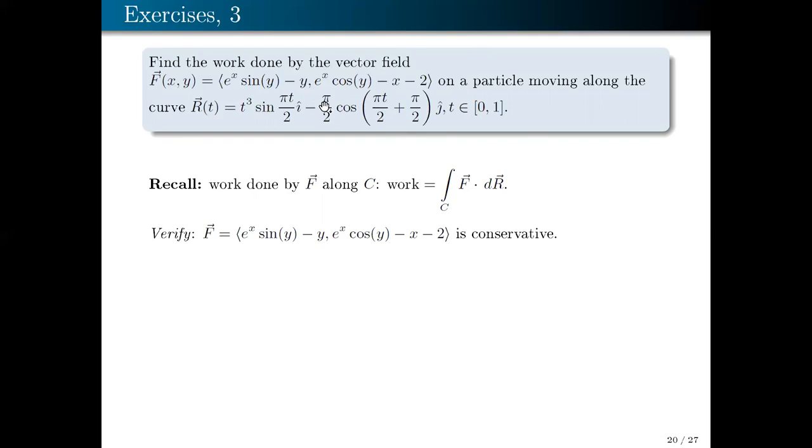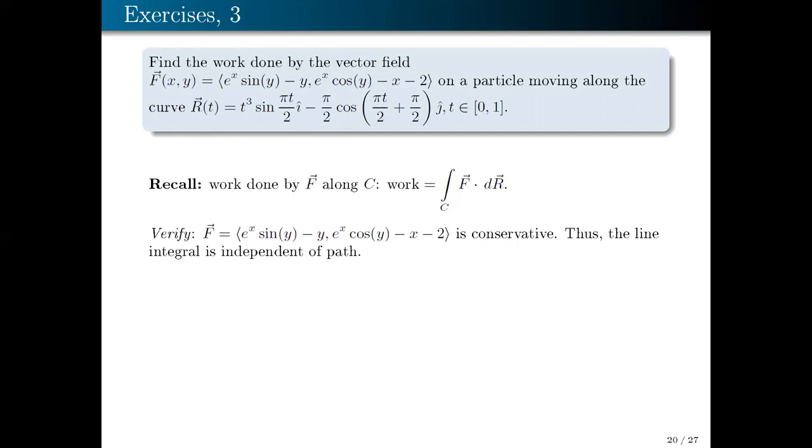That's your check. And next, we verify that since it is conservative, our line integral will be independent of path. So now, we can either use FTLI or come up with a simpler path connecting the endpoints of r of t here. Okay.